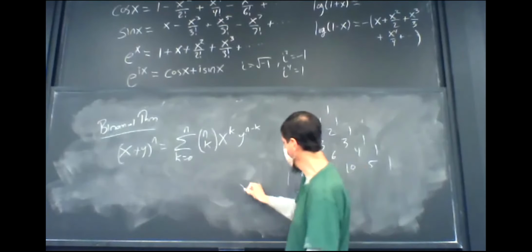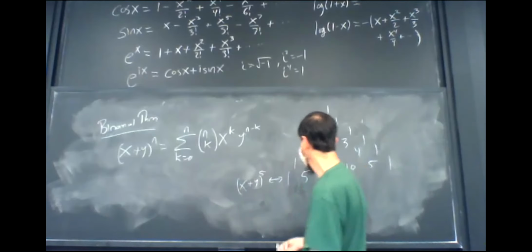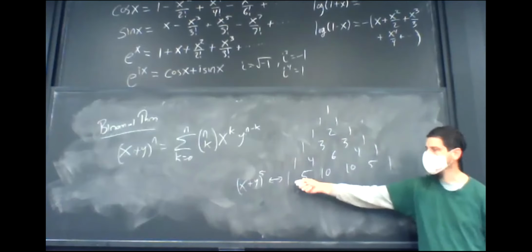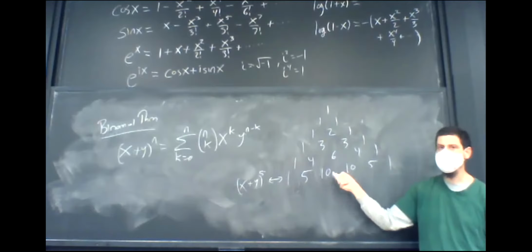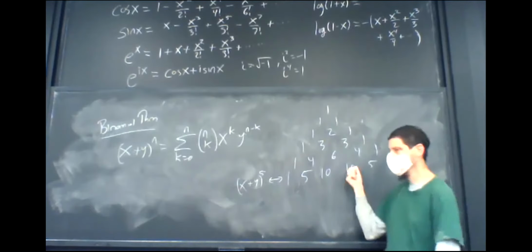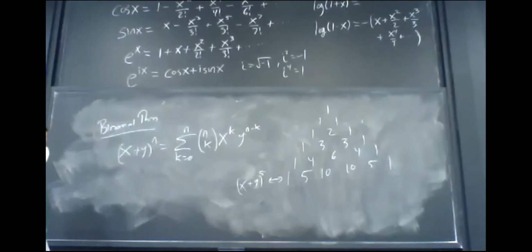And this is what you get when you expand out (x plus y) to the fifth. These are the coefficients. It's going to be 1x to the fifth plus 5x to the fourth y plus 10x cubed y squared plus 10x squared y cubed, and so on and so on.